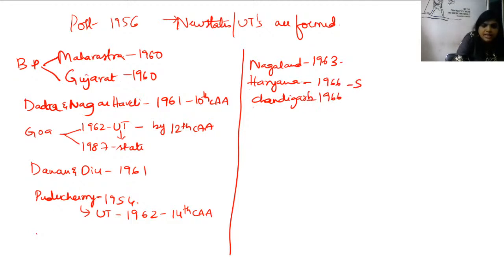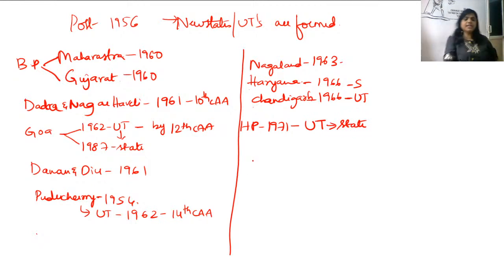However, Haryana was declared as a state, Chandigarh was declared as UT, and Himachal Pradesh in 1971. It was Union Territory, and immediately it got promoted in the same year. It got promoted as state. Initially, they had taken Himachal Pradesh as UT only, but later they changed it into state.